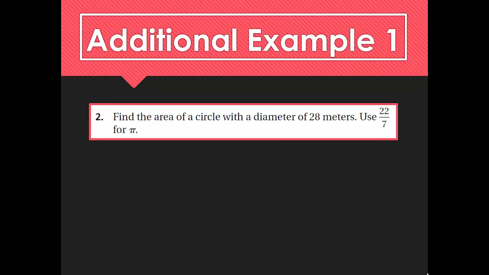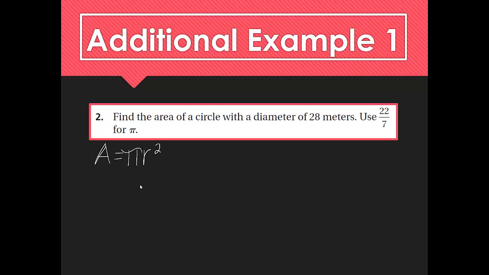Now we have another additional example. Find the area of a circle with a diameter of 28 meters. Use 22/7 for pi. So we're going to use the same formula again. Area equals pi r squared. You'll notice in our formula we need a radius to solve for area.